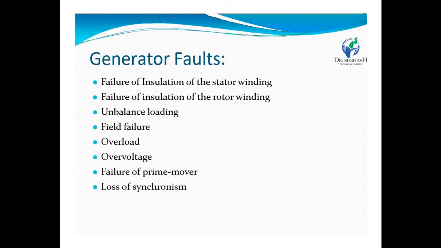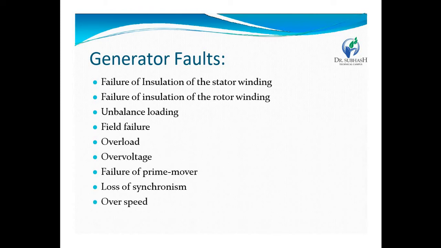Loss of synchronism. There are many generators connected with the system, not a single one. In interconnected systems, many generators are connected through interconnections, so their synchronism has to be in a balanced condition. If any generator has some fault and goes out of the system, its effect is applied on other generators, and they also go for loss of synchronism.